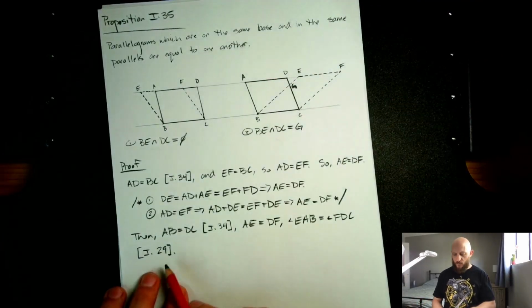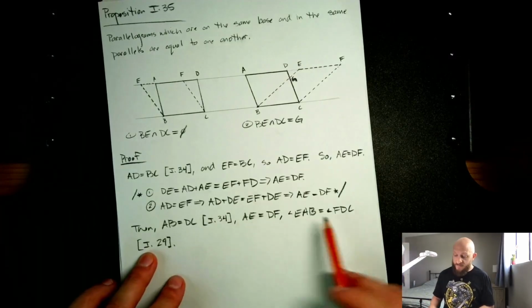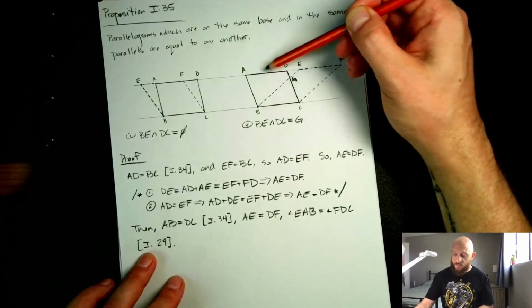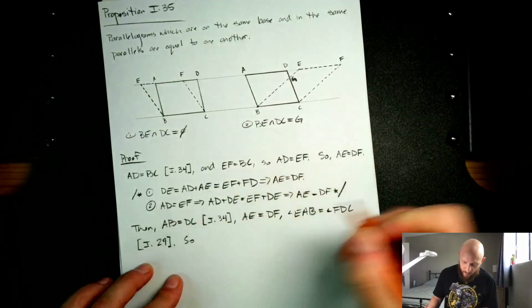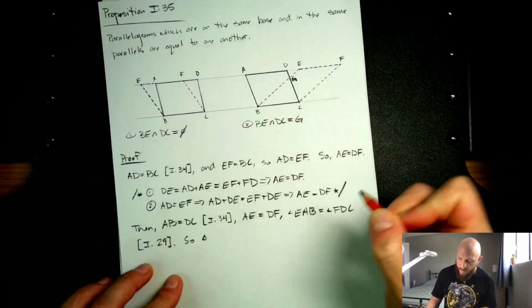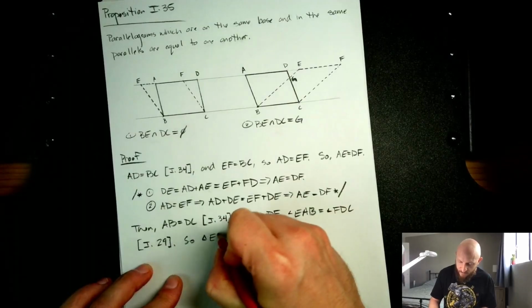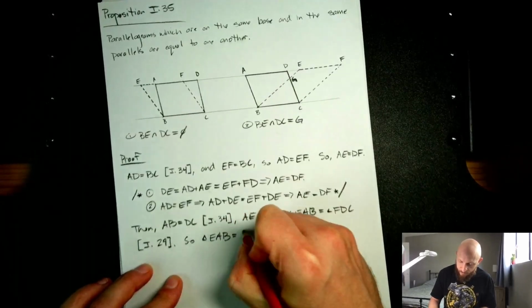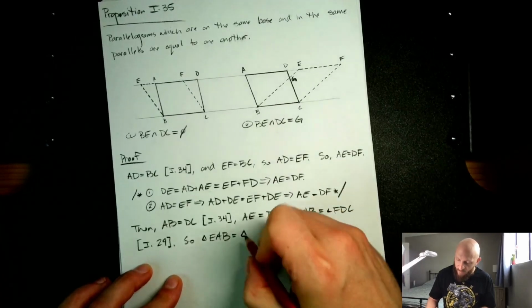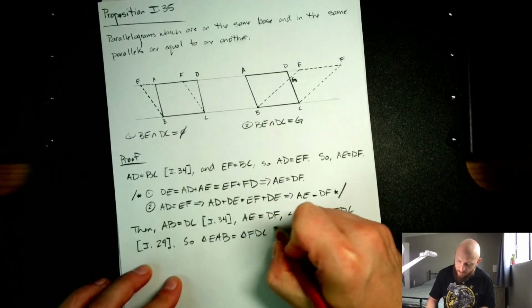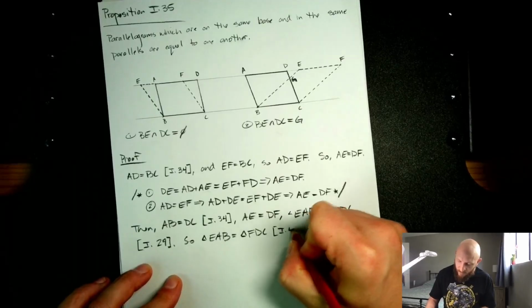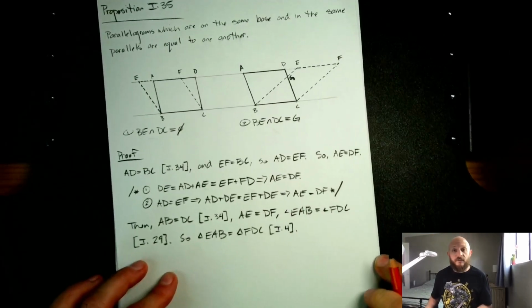So that's where we get this piece. And from these together we have side, angle, side. So triangle EAB equals triangle FDC. And that was Prop 4 with the side, angle, side.